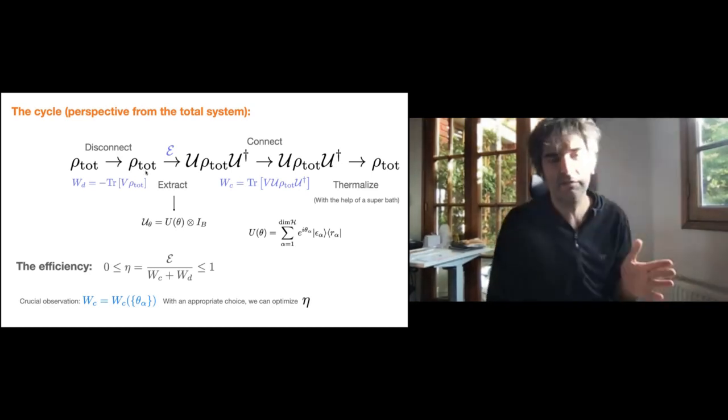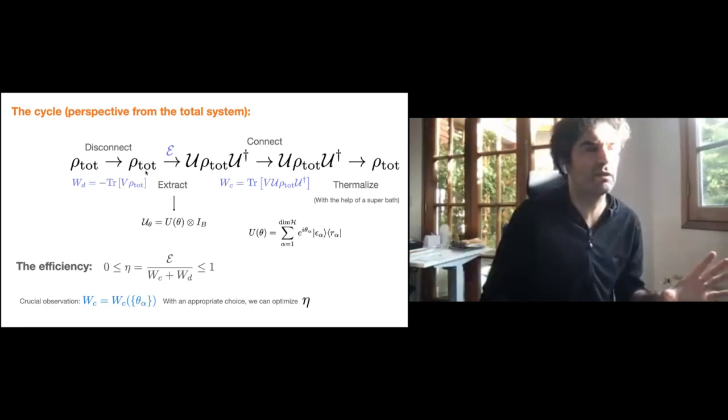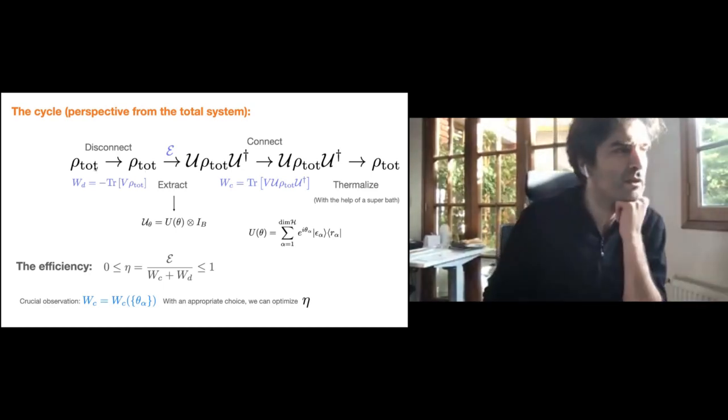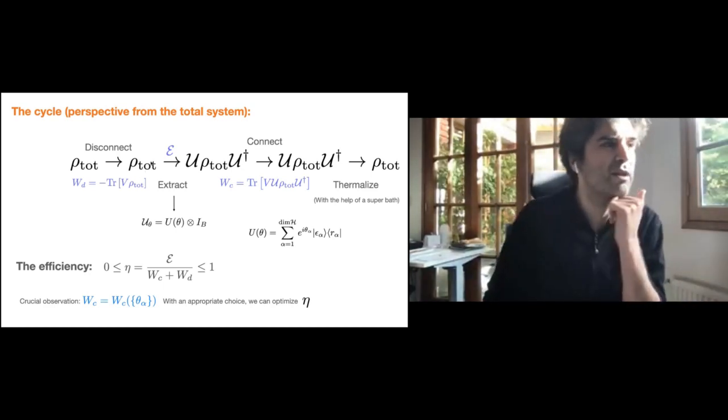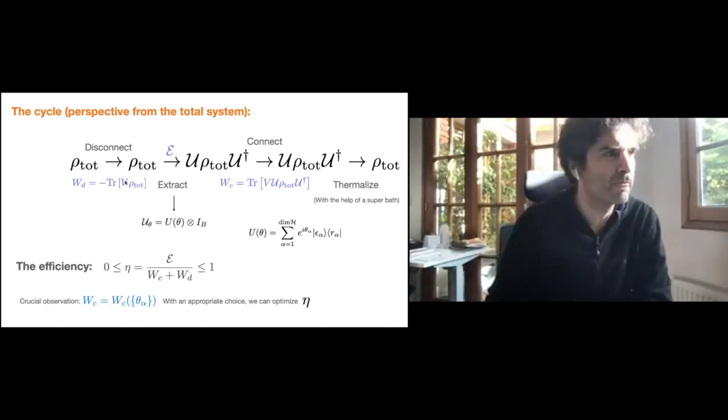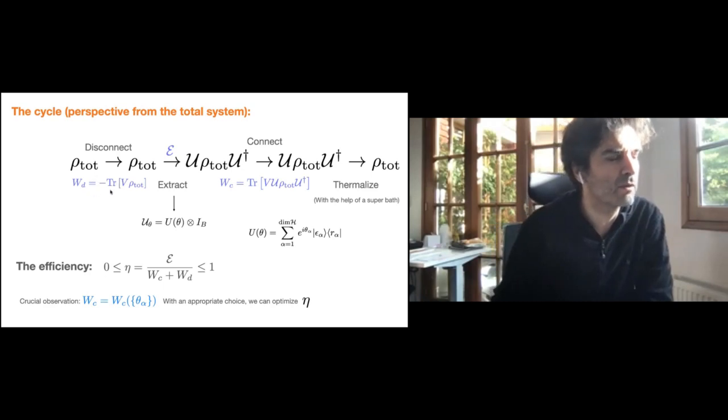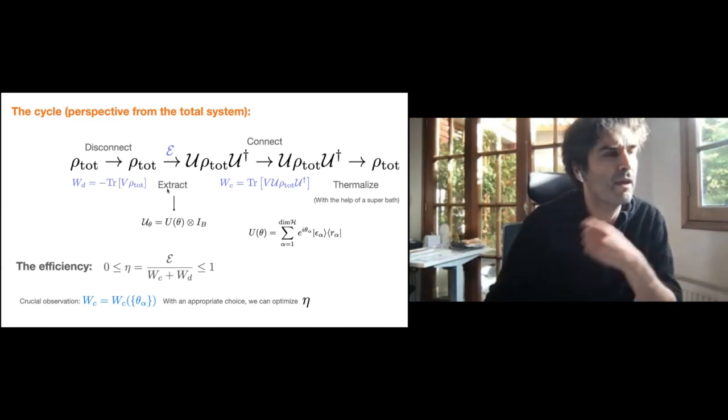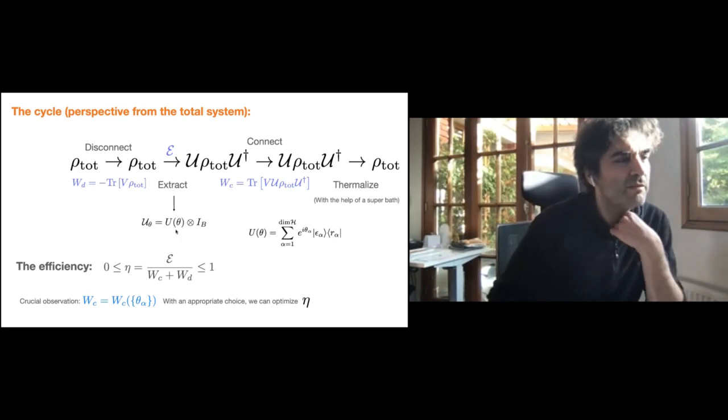So it's so fast that the state doesn't have time to change. So the global state is the same, but the energy we pay to disconnect is given by this expression. Then we extract the energy with this unitary, right?